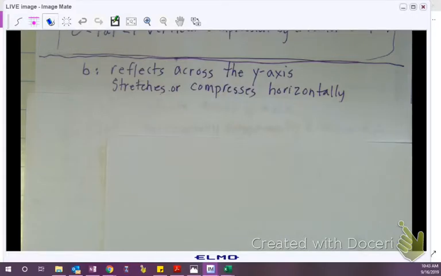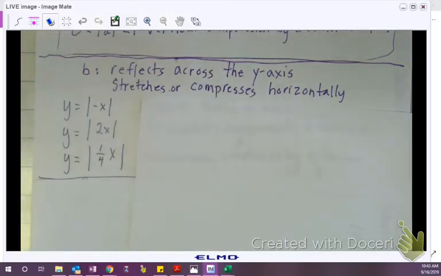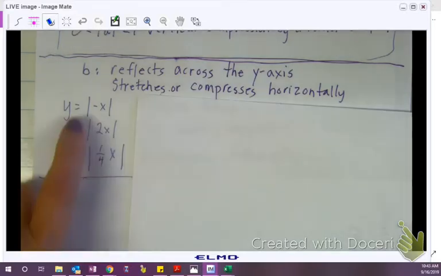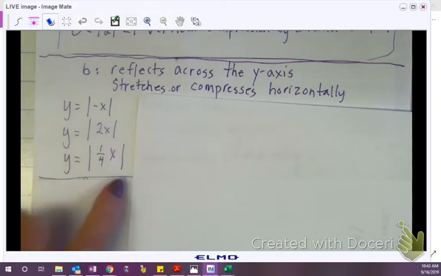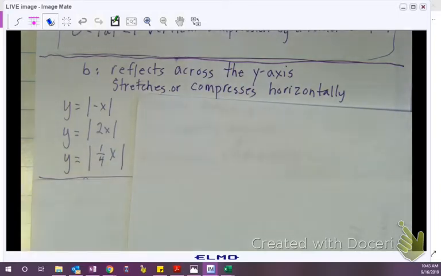B can also cause a reflection across the y-axis. Then I want you to do these three graphs on the Desmos calculator. Notice that the negative x, the 2x, and the 1/4 x are inside the absolute value marks. So put these in the calculator, see what happens when it's drawn, and then draw those graphs on your graph paper that goes with this page.